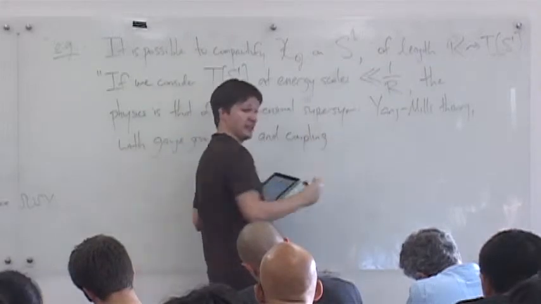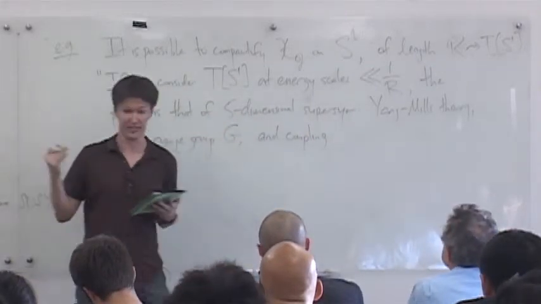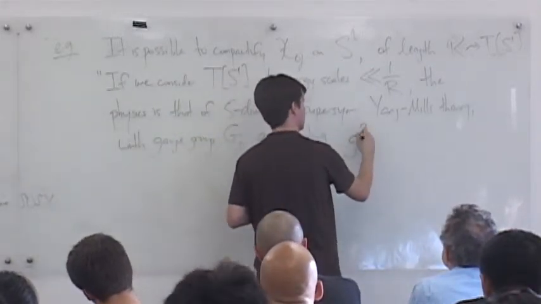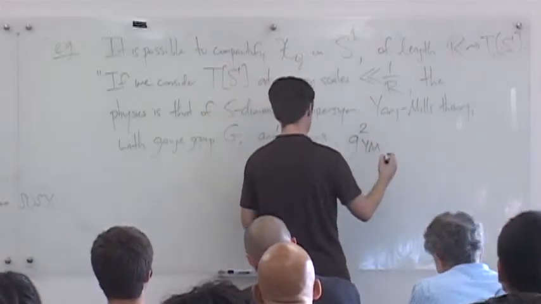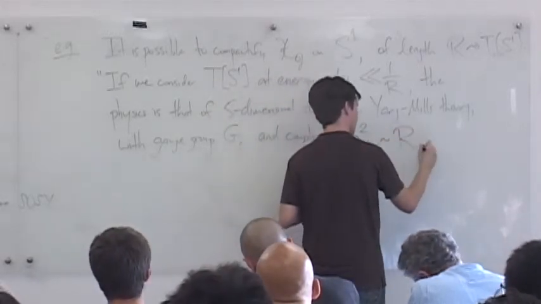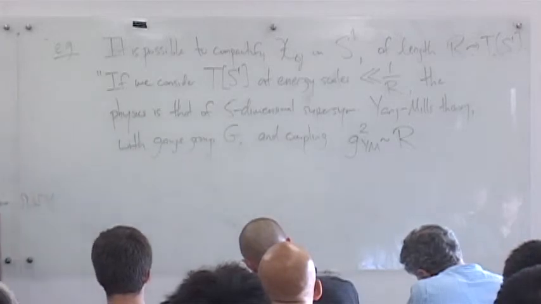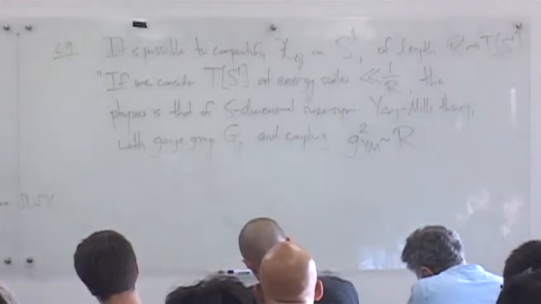The 6-dimensional theory didn't have any coupling, but 5-dimensional Yang-Mills certainly has a coupling. And the coupling will be proportional to R. End quote.